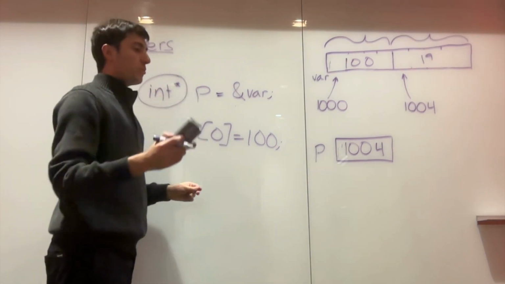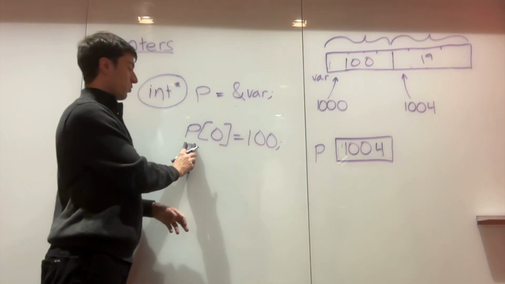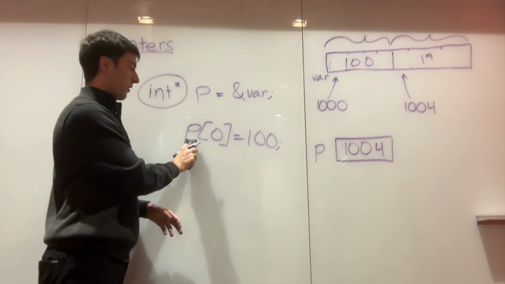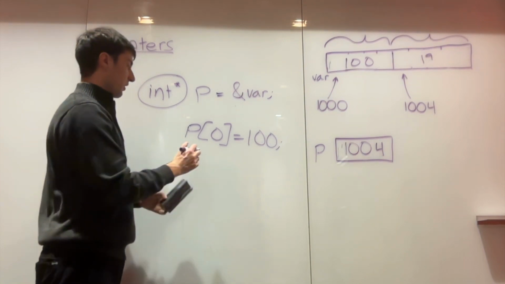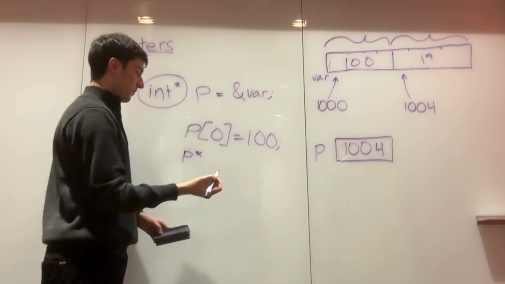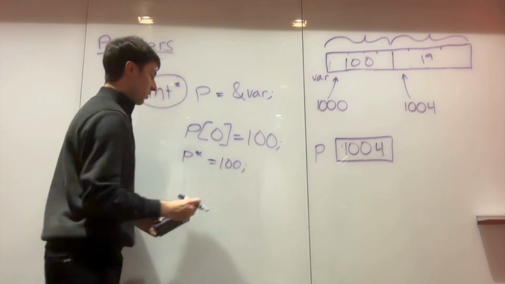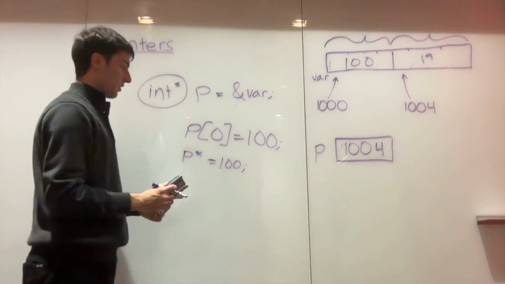So that's the two different ways that you can get the value which lives at the pointer value. You can either do star p equals 100, or p of 0 equals 100.